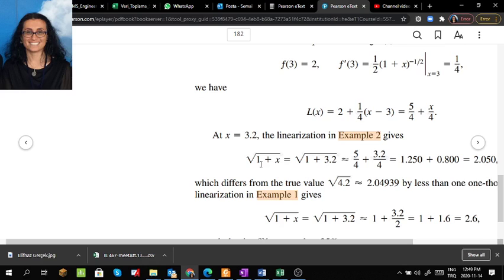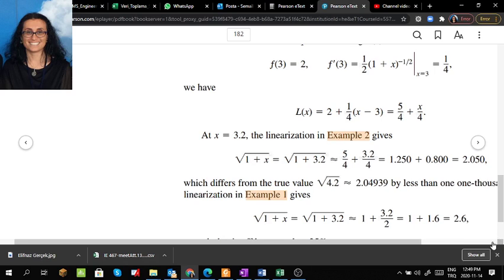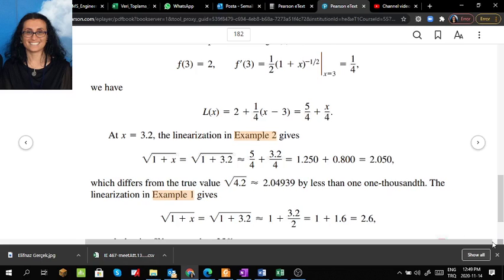See, square root of 1 plus 3.2. This is 5 over 4 plus 3 over 2 over 5. This comes from this linearization function. X is 3.2, be careful here.